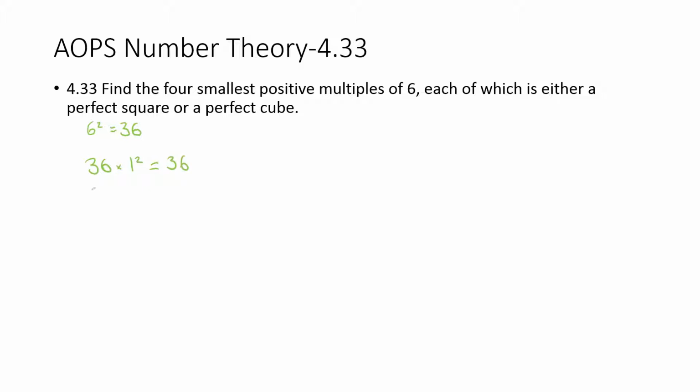So you do 36 times 1 squared, which is 36, and 36 times 2 squared, which is 144, 36 times 3 squared, which is 324, and 36 times 4 squared, which is 576. So you have to multiply it by 1 squared, 2 squared, 3 squared, and 4 squared so that it's a perfect square or a perfect cube.